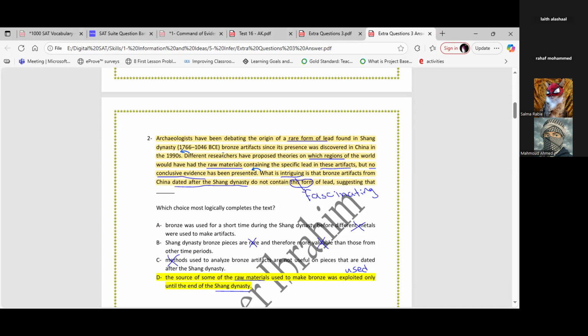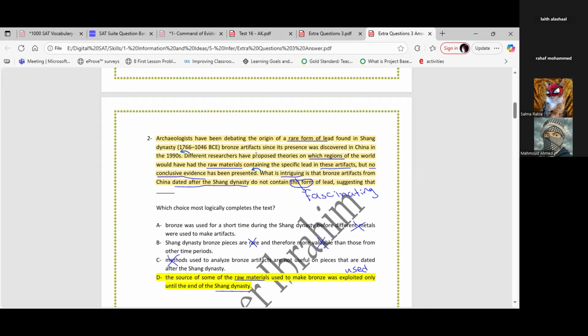Different researchers have proposed theories on which regions. Okay, he talked about regions before, and he even said here different researchers. So I need to find a sentence before. So like that, I'm going to read the whole thing. Archaeologists have been debating the origin of a rare form of lead found in Shang Dynasty, 1766 till 1046, bronze artifacts since its presence was discovered in China in the 1990s.